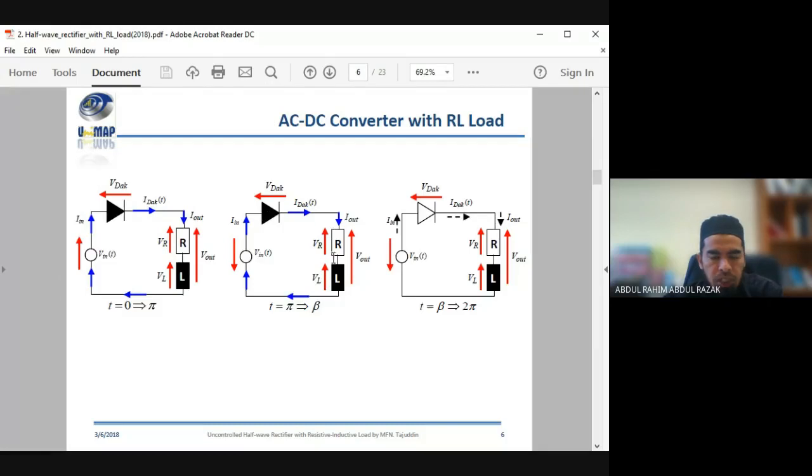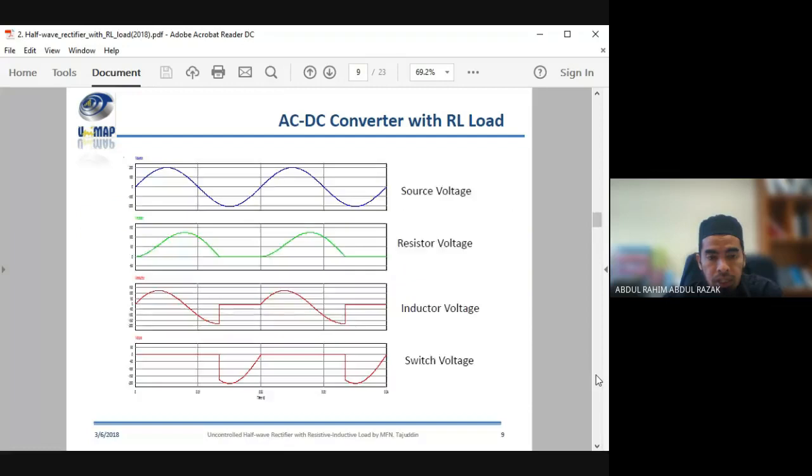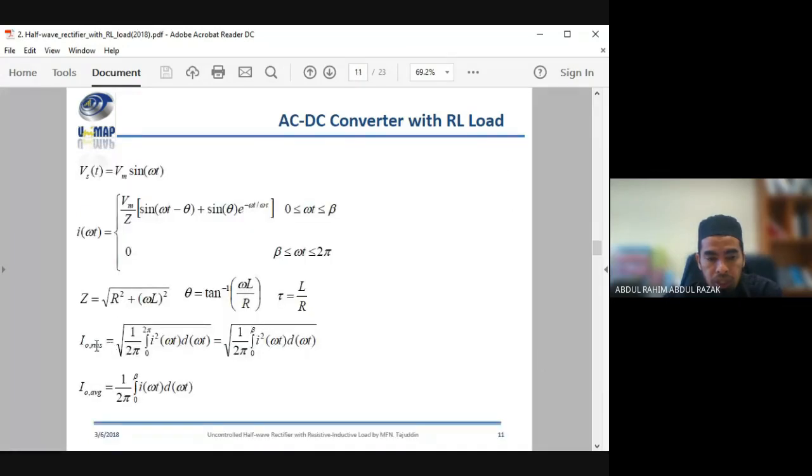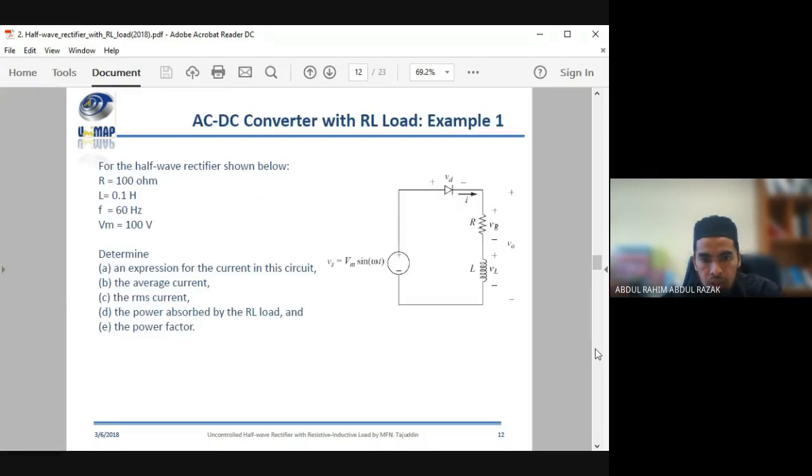But if you are charging a load in terms of hundreds of watts, you have to select a bigger device, with bigger current capacity. How big the current capacity needs to be depends on the RMS and average, which is indicated inside your data sheet later.